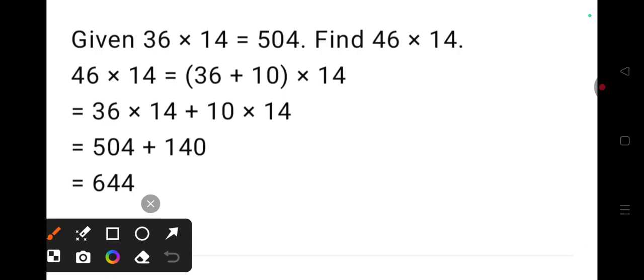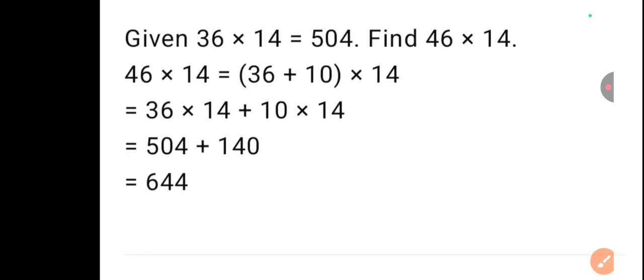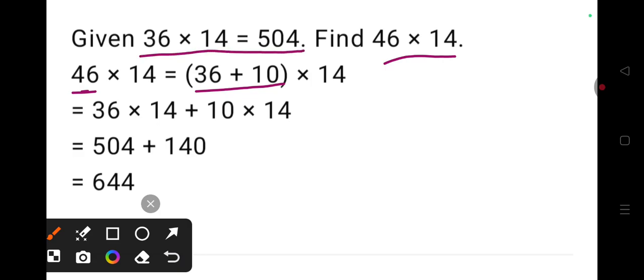So 36 into 14 is 504, right? And you need to find out 46 into 14. How will you find 46 into 14? You will split 46 as 36 plus 10. Why 36 plus 10? Because we need to use this product 36 into 14.